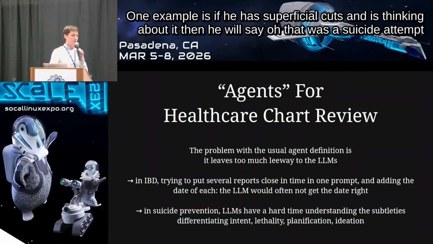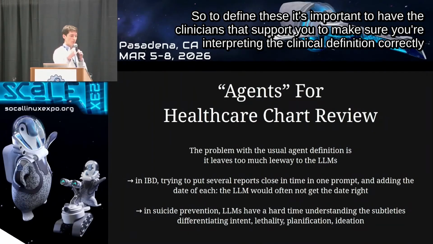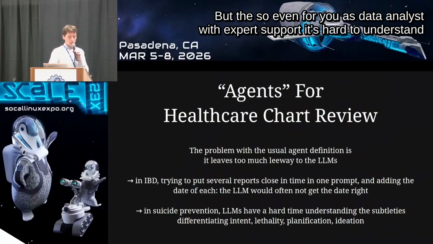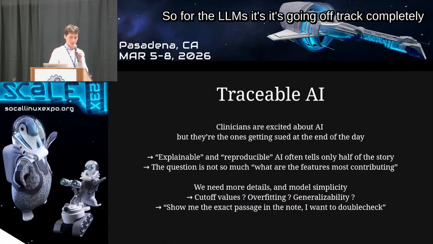One example is if he has superficial cuts and is thinking about it, then it will say, oh, that was a suicide attempt, but actually no. To define these, it's important to have clinicians supporting you to make sure you're interpreting the clinical definition correctly. But even for you as a data analyst with expert support, it's hard to understand. So for the LLMs, it's going off track completely.